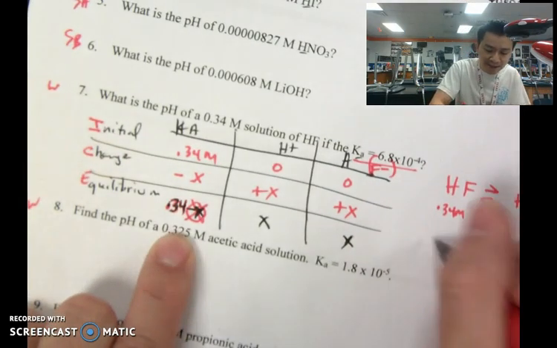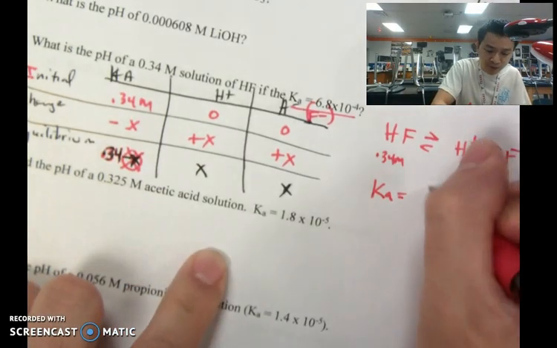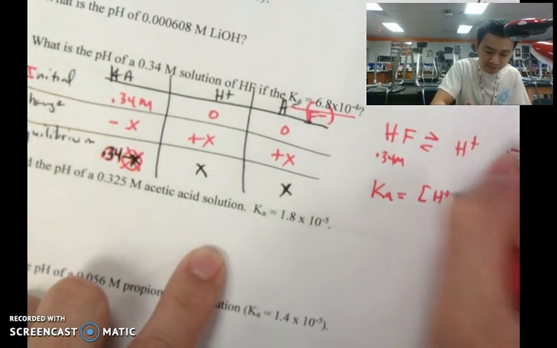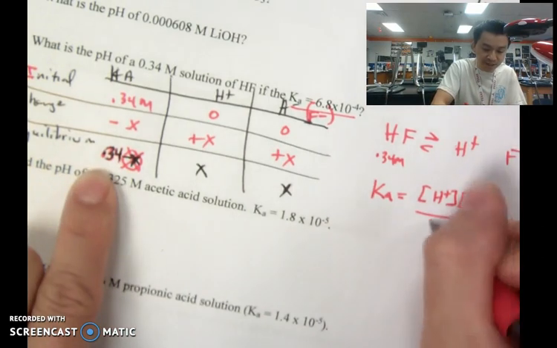And so the Ka, as I mentioned earlier, equals the product, which is H plus times the F minus, all over the original, which is the HA.